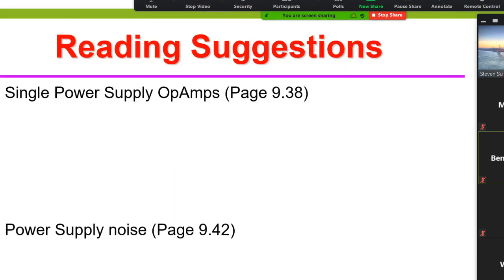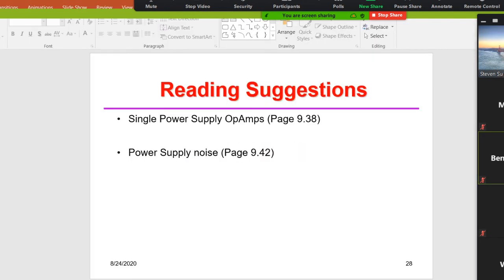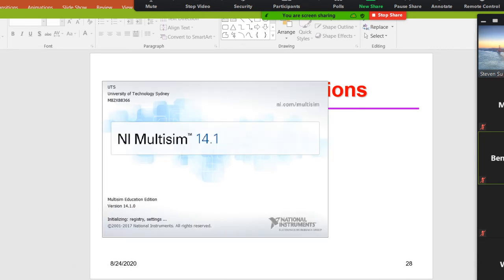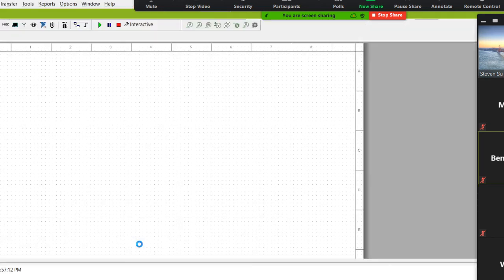So here is the instrumentation amplifier. Before we start the next topic, we do not have enough time, but I will show you Multisim. Jeffrey, maybe, will give a very detailed explanation about how to use Multisim, because Multisim is quite important.